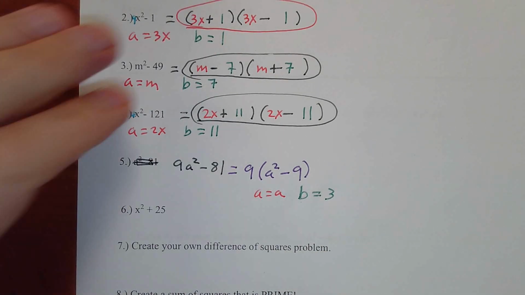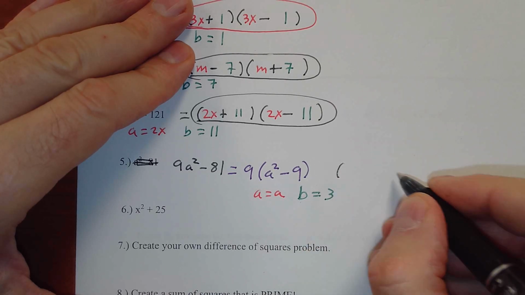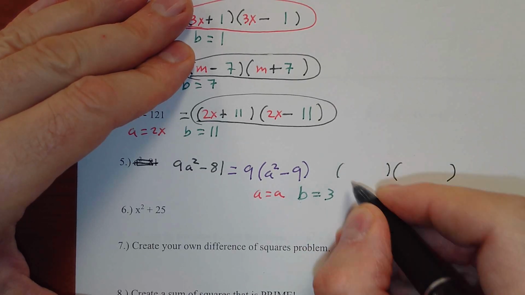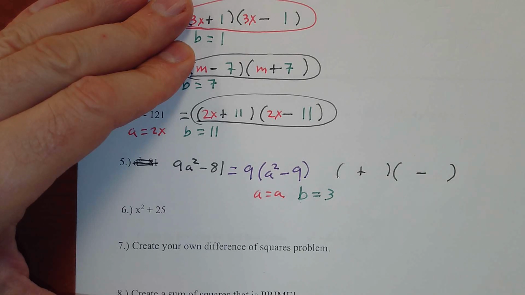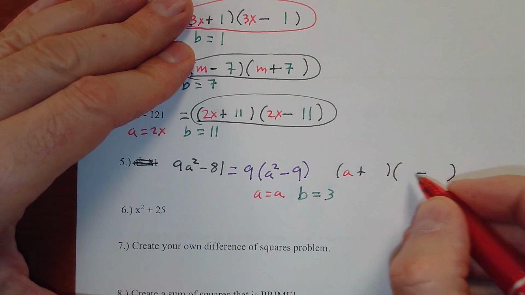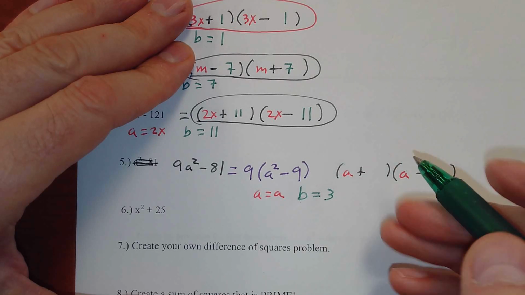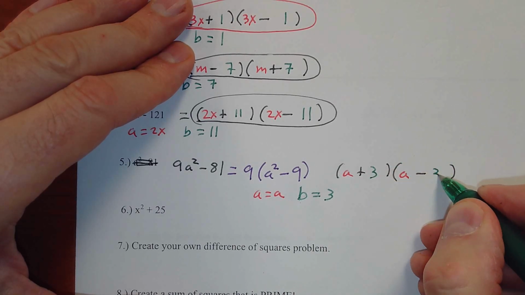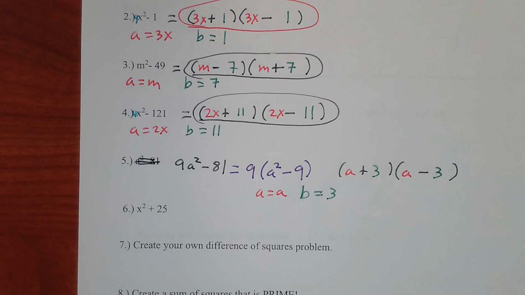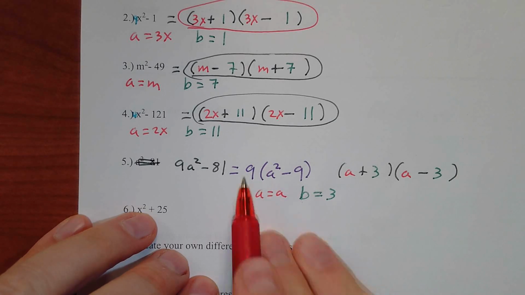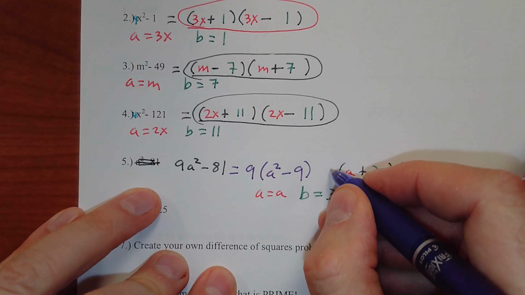And so this would factor into a plus 3 times a minus 3. Now, if I type that in as my answer in ALEKS, it's going to stick out its tongue at me and say, you're wrong. Because don't forget, we took out a common factor of 9.